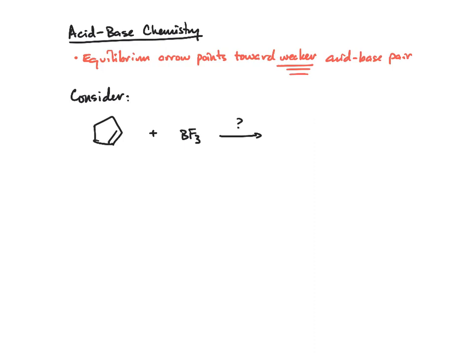So consider you have cyclopentene, and you're reacting it with the compound boron trifluoride. And I'm going to tell you BF3 is a Lewis acid. So I'm telling you what the acid is. So the cyclopentene is what? It's the Lewis base.